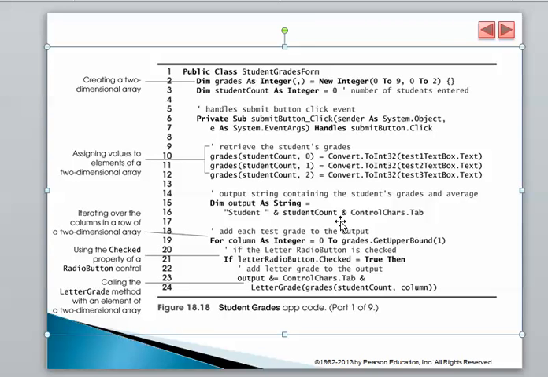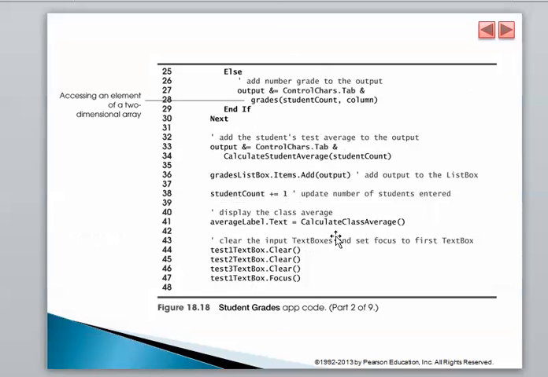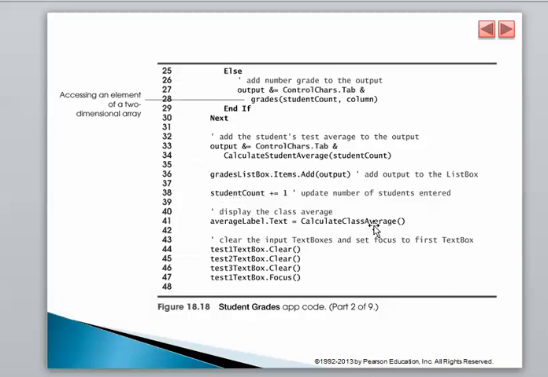Now they do something else here: they define a string that contains all the information for the table, and eventually they add that into the list box. Then they increment the counter, calculate the class average and display it. They also compute the student average, and that sounds too complicated.